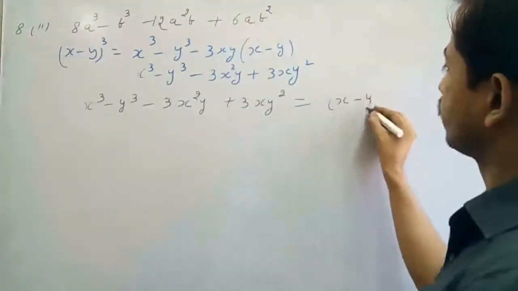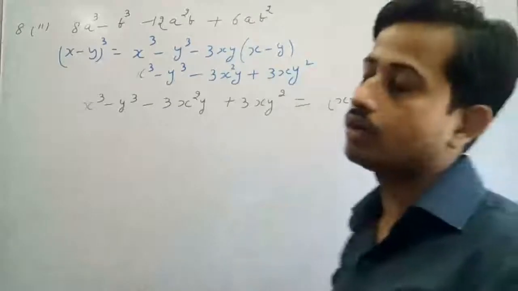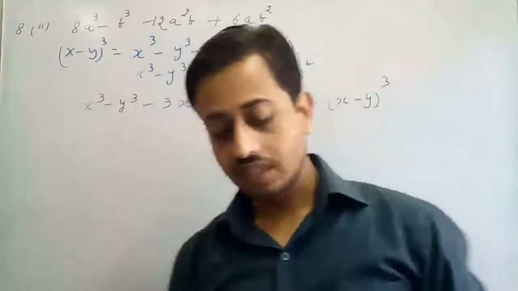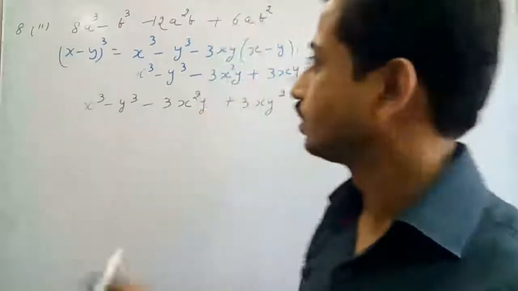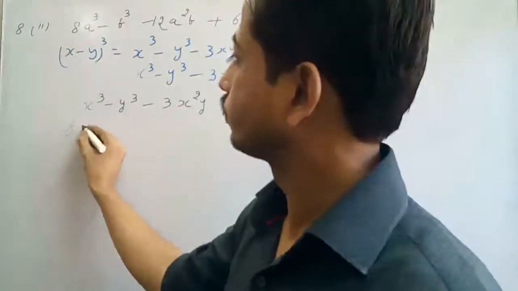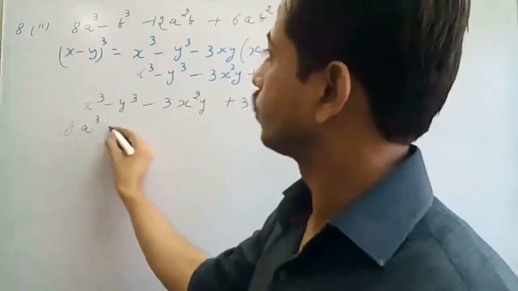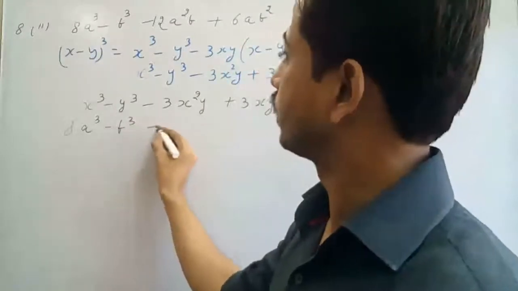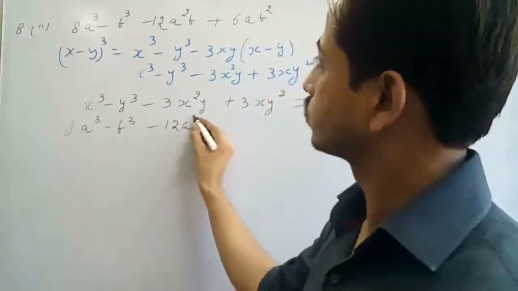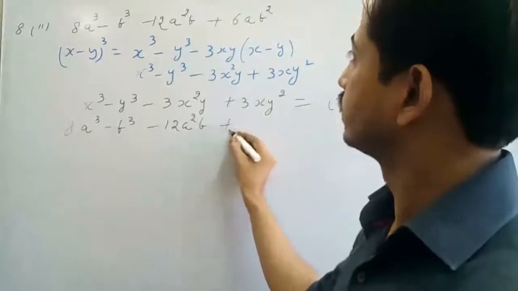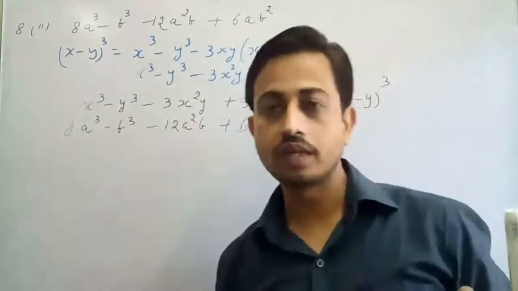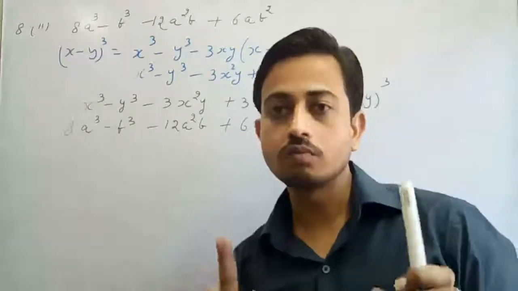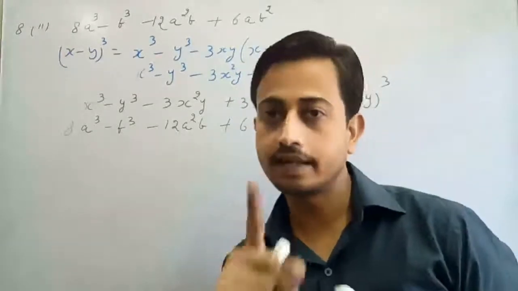So our main purpose is to find out the values of x and y, which can be easily done by comparison with the question. The question is 8a cube minus b cube minus 12a square b plus 6ab square. Try to make only the first two terms according to the given identity.